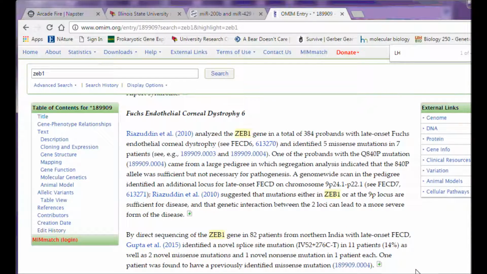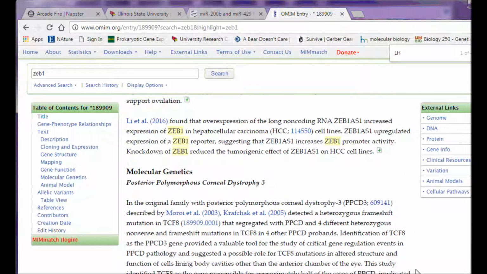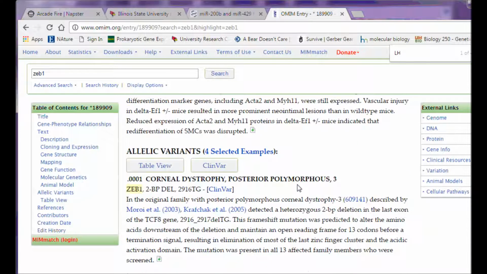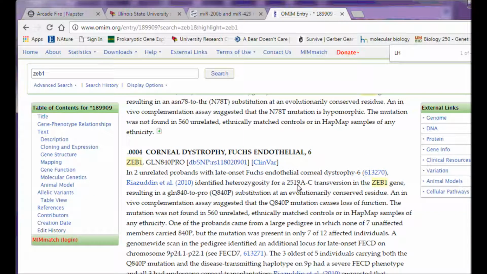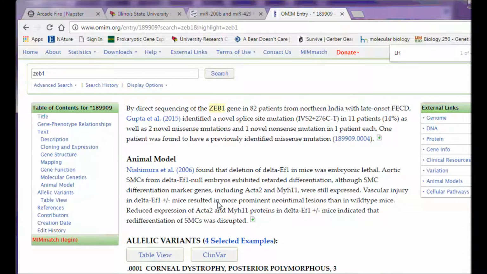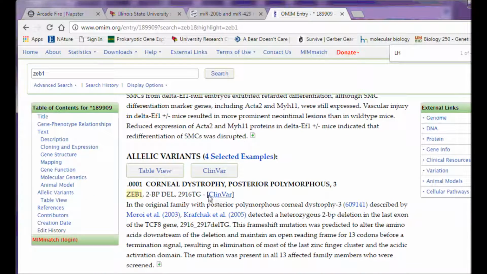Molecular genetics. So I wonder if there's something specific; they look like there's a bunch of things here. Let's see, allelic variants, four selected examples.